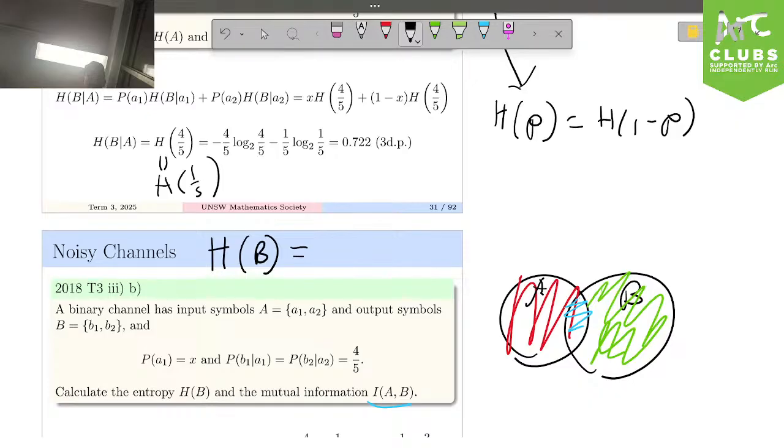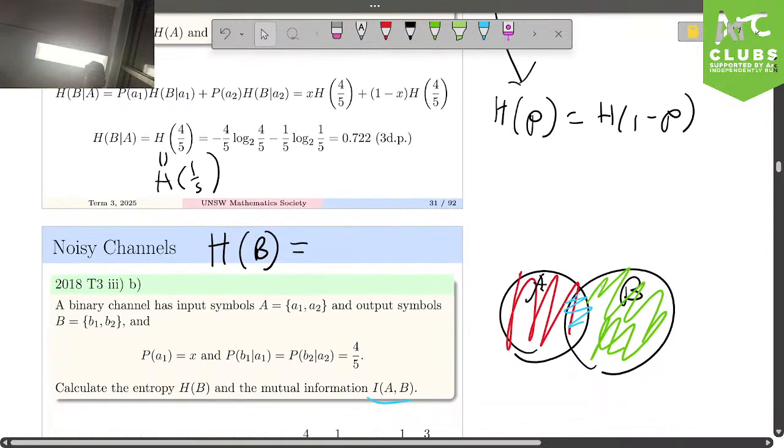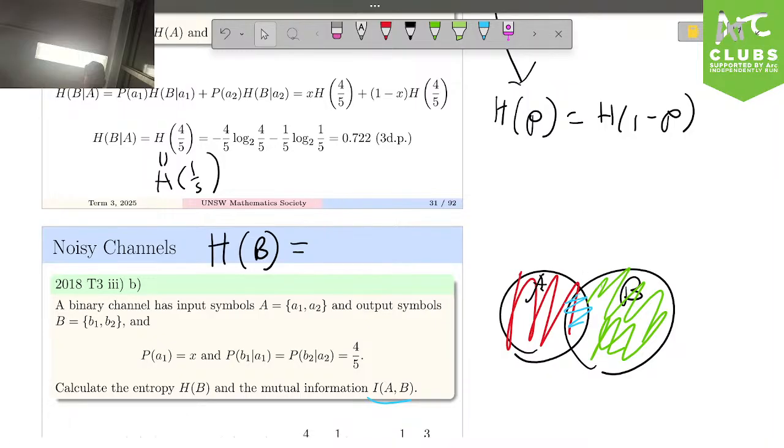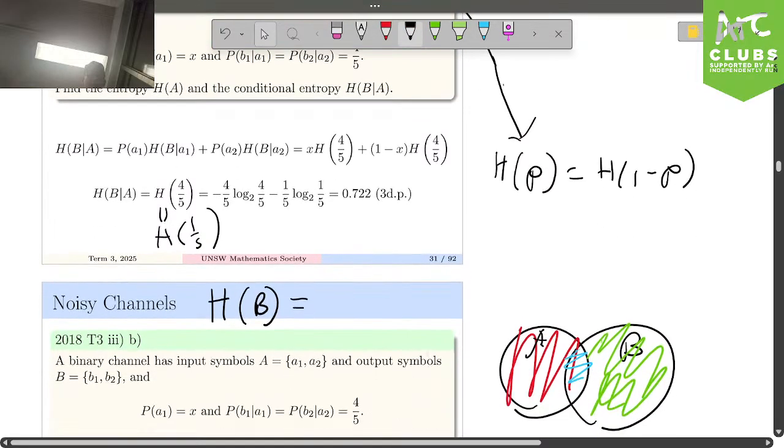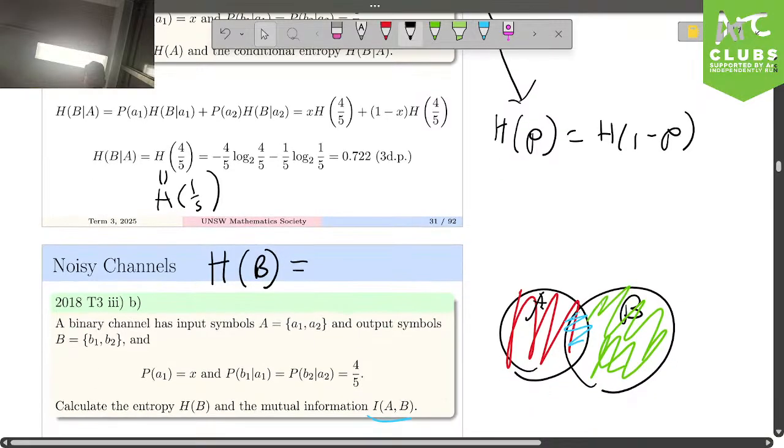Actually, we can't really find the mutual information that way. That's more something we get from B given A. Oh, we found B given A, didn't we, before? We could find A given B. Yeah, find A given B.